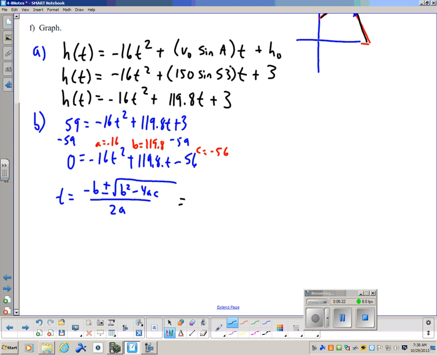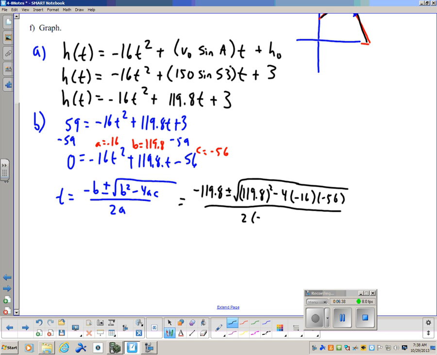So opposite of b there would be negative 119.8 plus or minus the square root of 119.8 squared minus 4 times a times c all over 2 times negative 16.